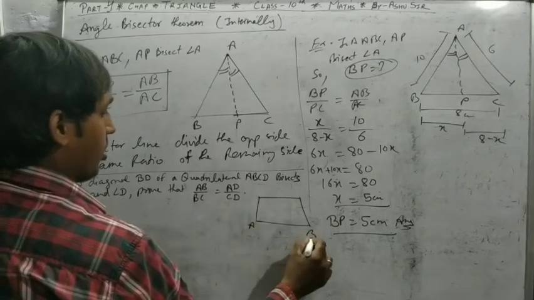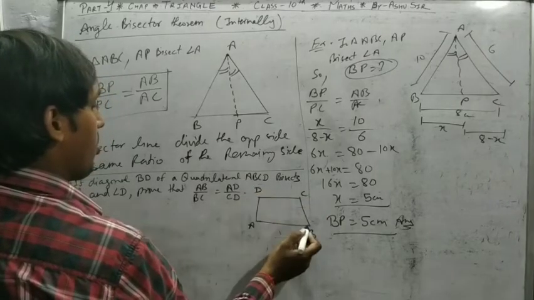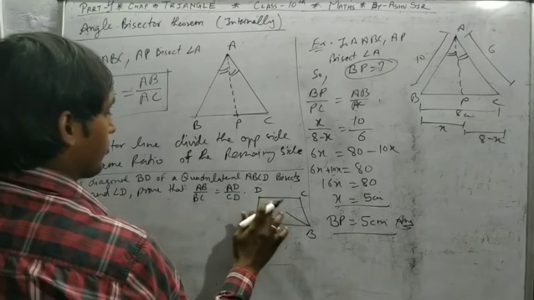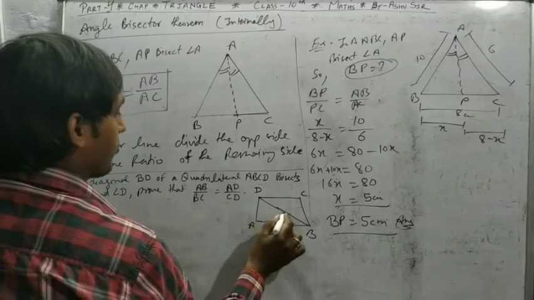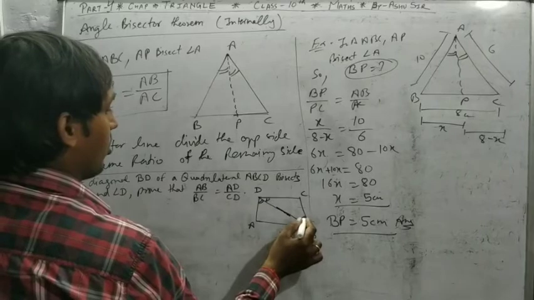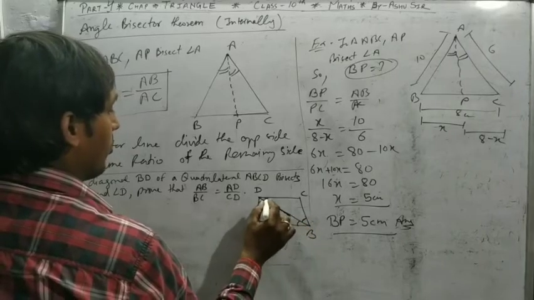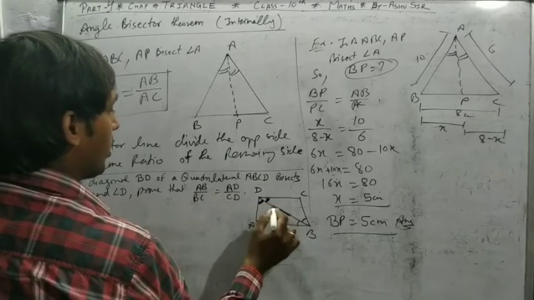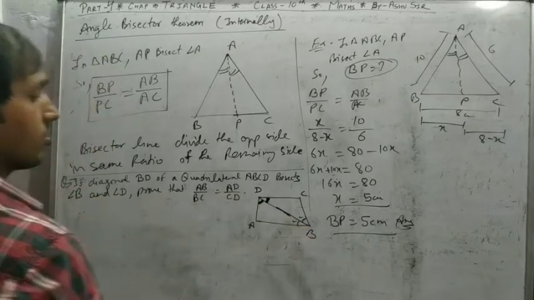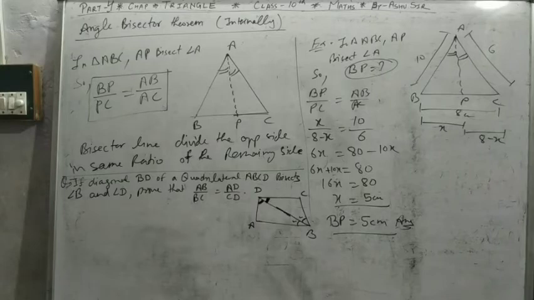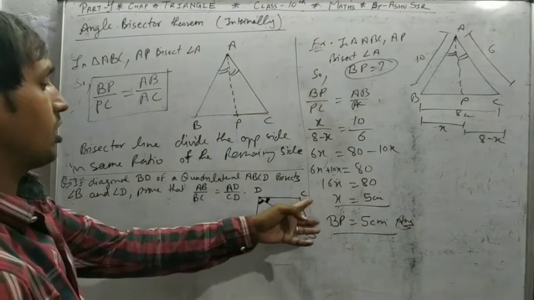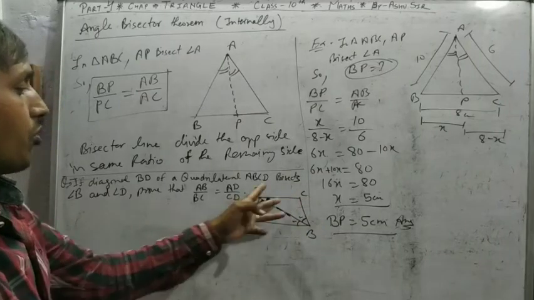Means in ABCD diagonal BD bisects this, also this, means this part equal to this part and this part equal to this part. So prove that AB upon BC is equal to AD upon CD.